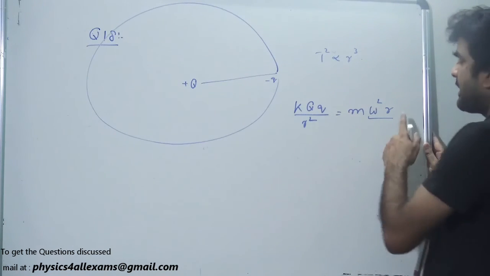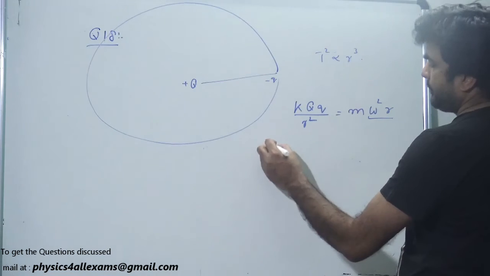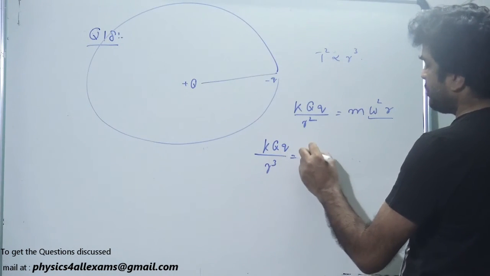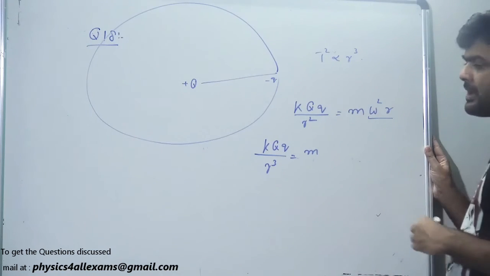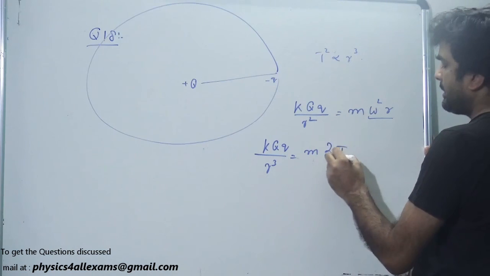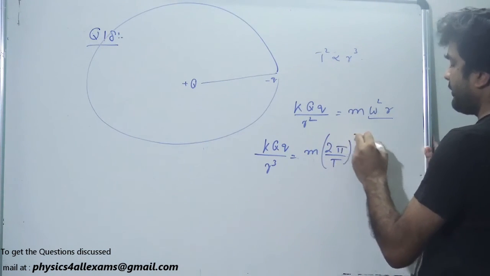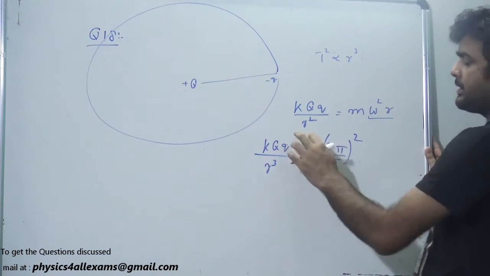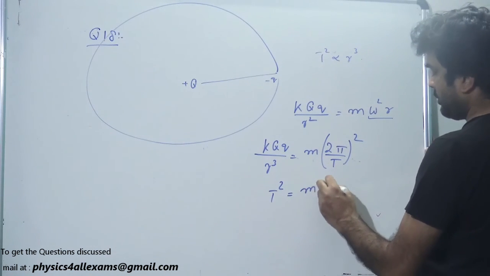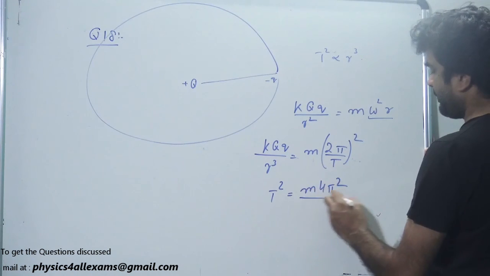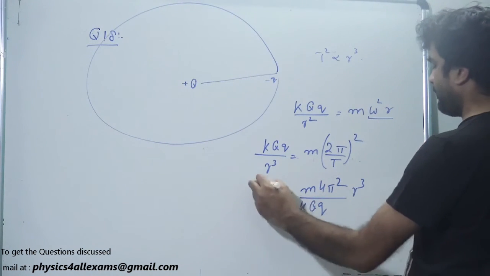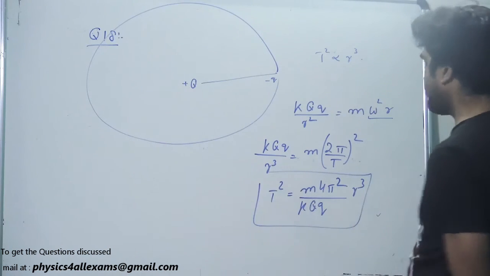From here we can say that kQq/r^3 is equal to m ω^2, where omega is the angular velocity, which will be equal to 2π/T. So T^2 is equal to 4π^2 m r^3/(kQq), and thus T^2 is proportional to r^3.